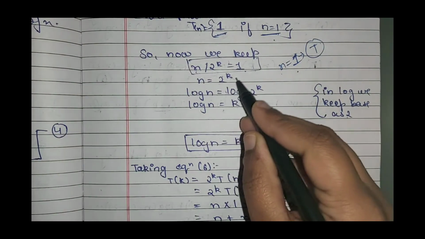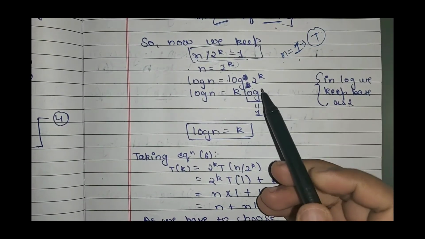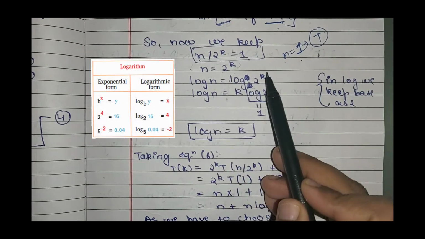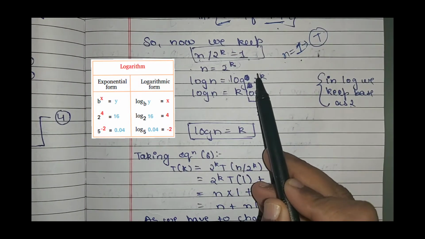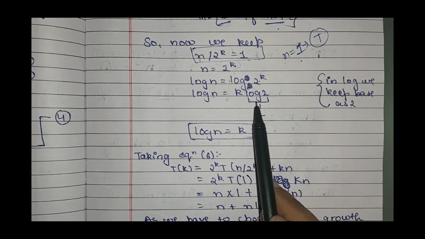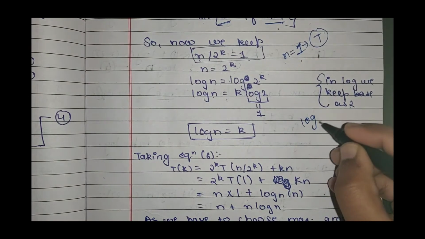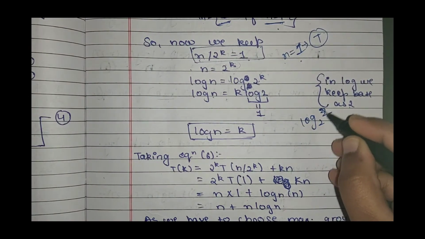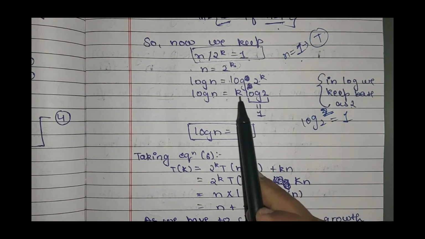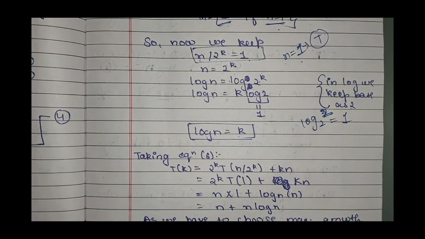To solve the log function, log n will be kept as it is, and the power value will come in front, and log 2 will be solved with the base of 2. So log 2 with base 2 is 1. Right, so we'll get k times 1, so log n is equal to k.